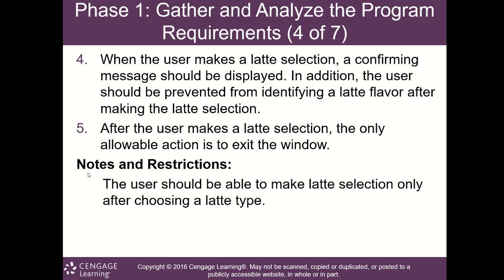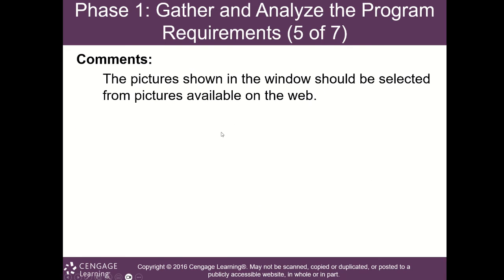So there can be constraints, right? The user should be able to make a latte selection only after choosing a latte type. They cannot just click on the select button and select nothing. Okay? So that's one of the requirements. And then the picture shown in the window should be selected from pictures available on the web.